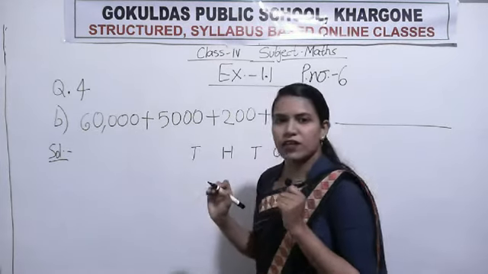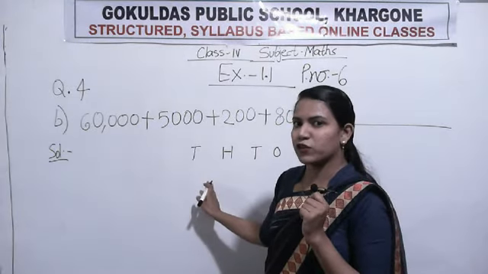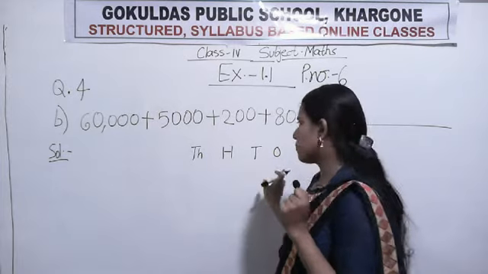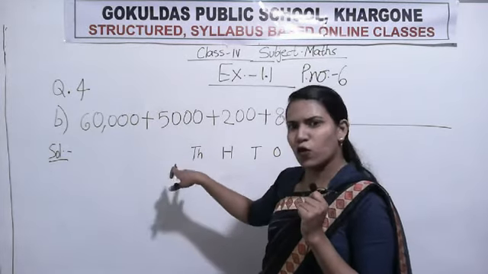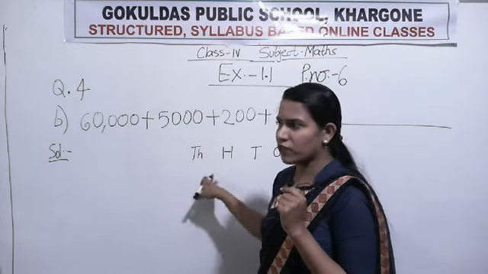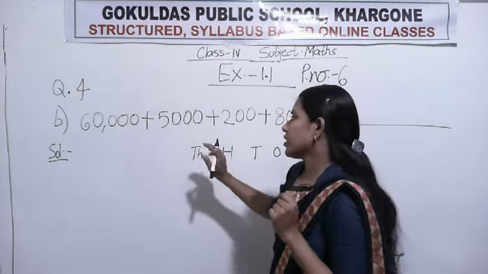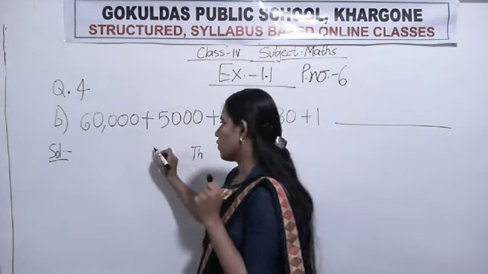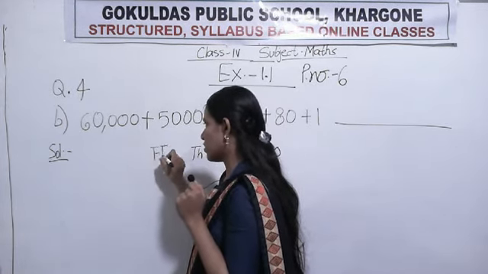Left of hundreds, the thousands place comes. I am writing the notations only, and you also have to write notations only. Left of thousands, the 10,000 place comes.